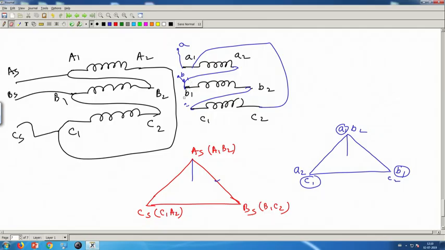I actually did the same thing, and this is your C. So, in this case the phasor diagram will be like this.